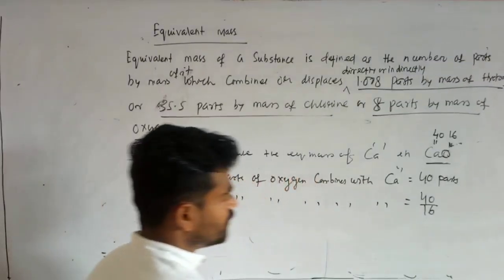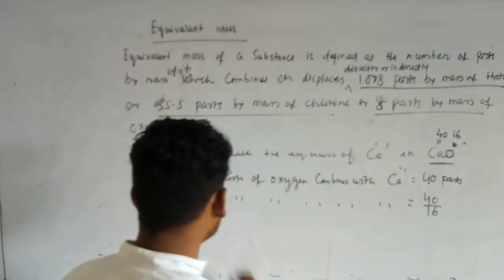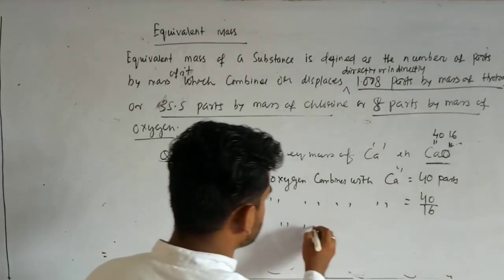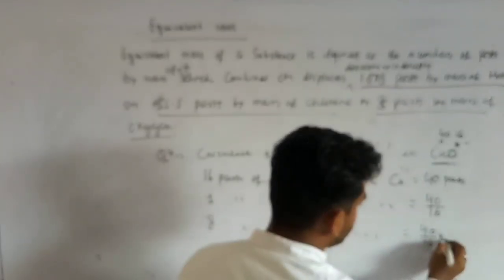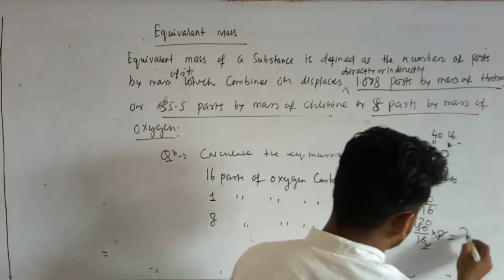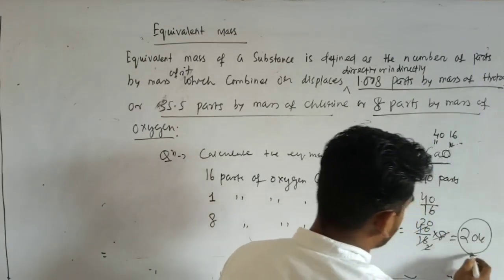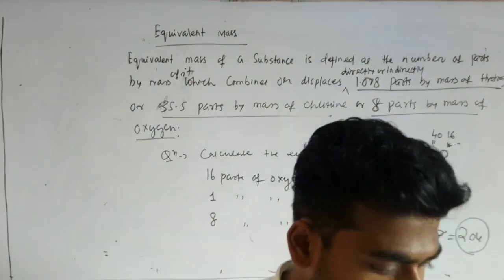Then 1 part of oxygen combines with 40 by 16. To calculate the equivalent mass of calcium, 8 parts of oxygen combined with 40 by 16 into 8, which is 20. This is the equivalent mass of calcium.